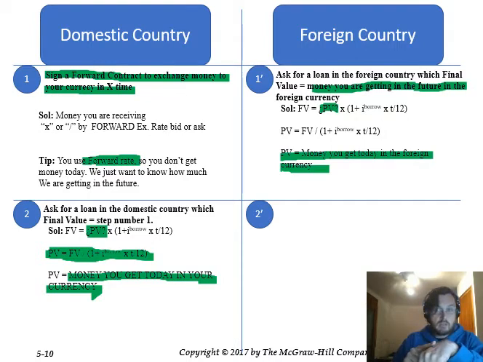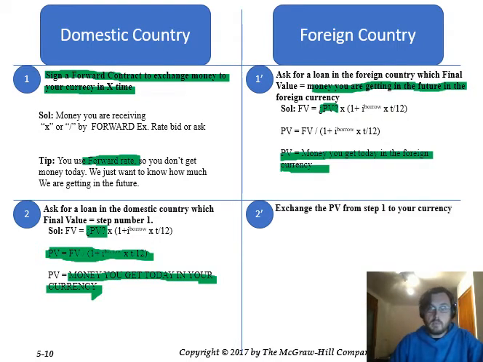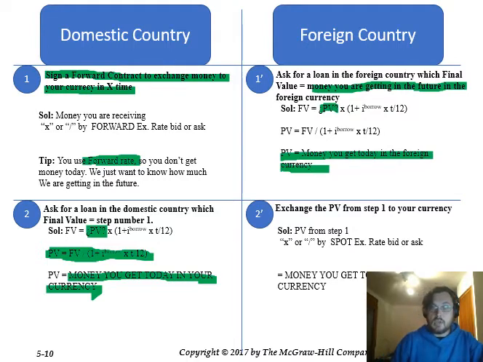So we are not done. The next step will be to exchange the present value from step 1 to your currency. So let's do that. Present value from step number 1 times or divided by the spot exchange rate. That's why you had the tip there.